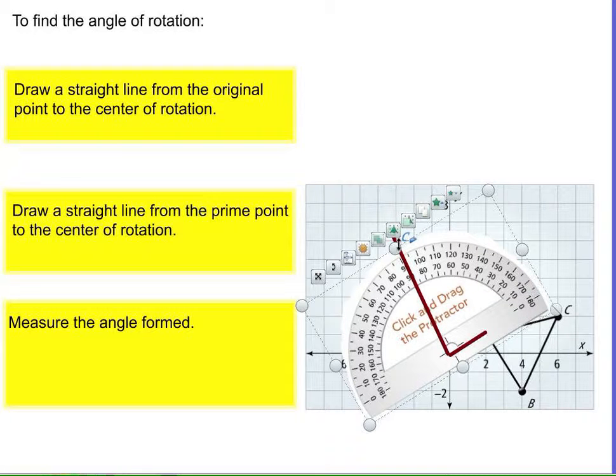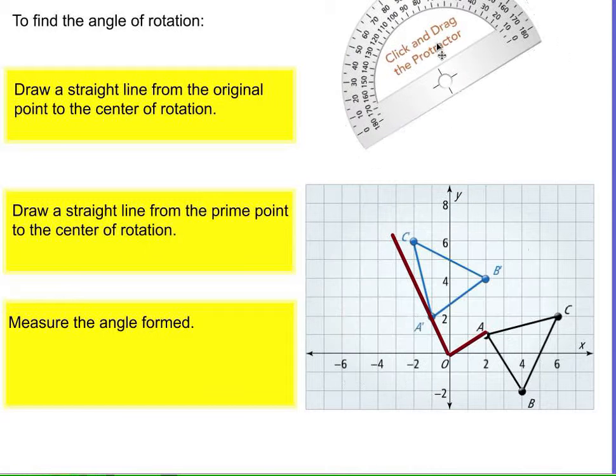As you can see, we're pretty close to 90 degrees. So all you have to do is draw a line from the original to the point of origin, and then from the point of origin to the prime.